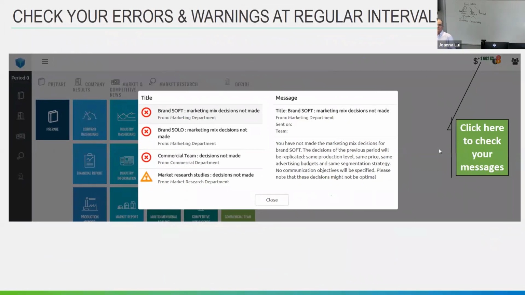Another thing to be looking for is Markstrat will talk to you or send you notices about errors and warnings. Sometimes something they think is an error is something that you intend to do. In general, errors are more severe, like you forgot to do any of the decisions for a brand that's out on the market.